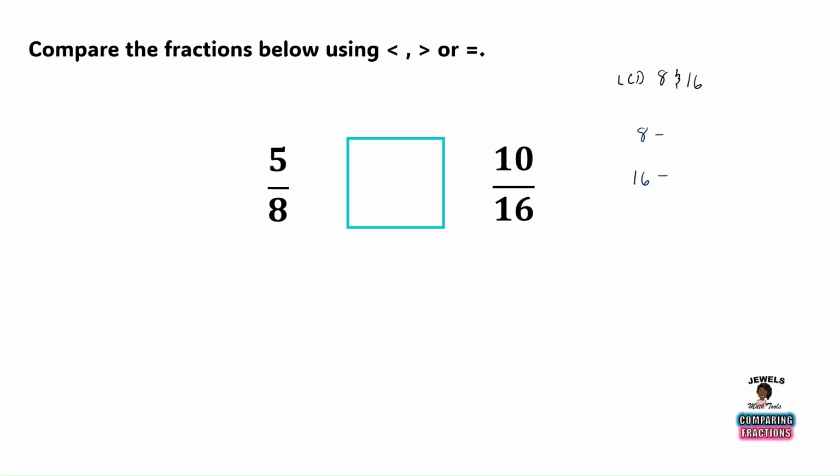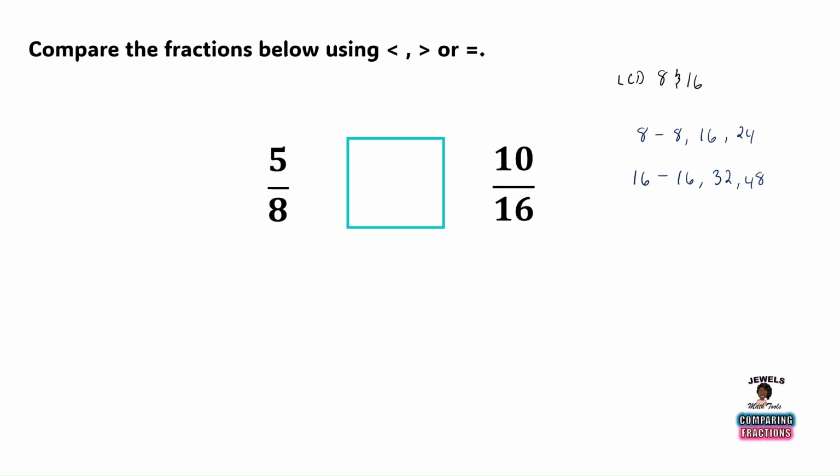So let's start off with the first three multiples for our numbers, and then if need be, we will go a little bit further. So for 8, I will have 8, 16, and 24. Now for 16, my first multiple is 16. When 16 is multiplied by 2, we will get 32. And when 16 is multiplied by 3, we will get 48.